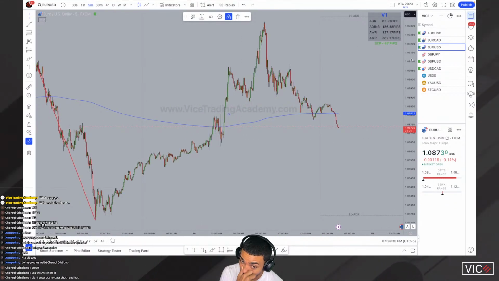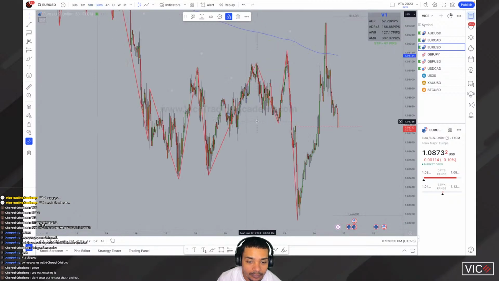The pullback was there. It gave us lower low, lower high, lower low, lower high, lower low, lower high, higher low, and then higher high. Then it was really just a pullback on a lower time frame. Once you had the change of character, you had to break the structure and retest to the top side. But it was a big push up.